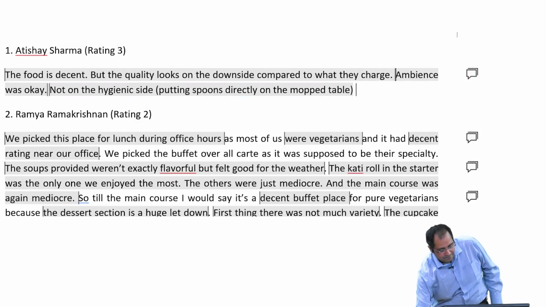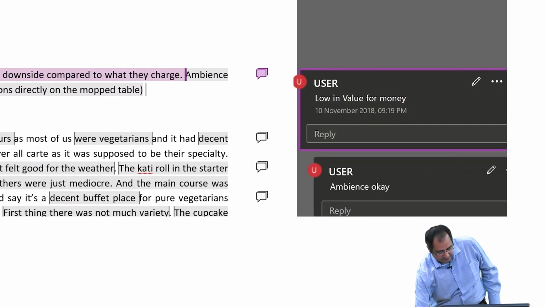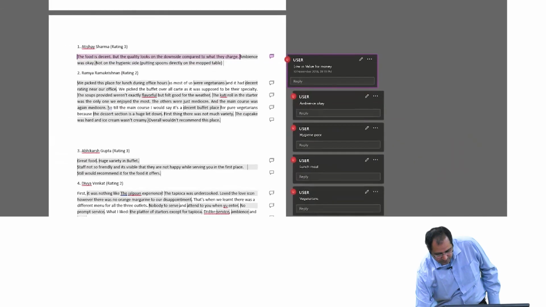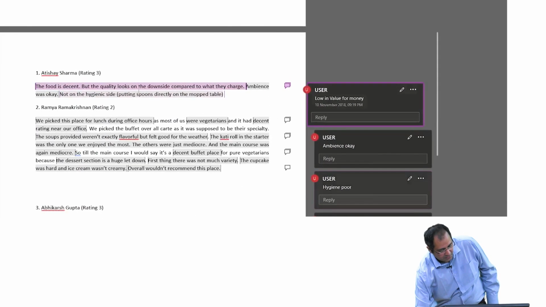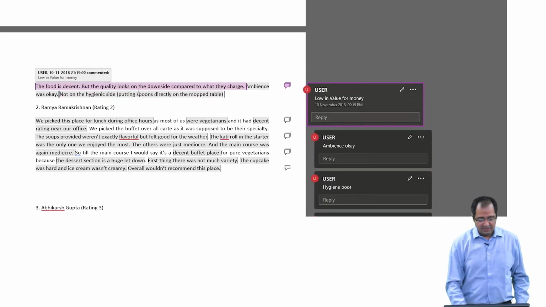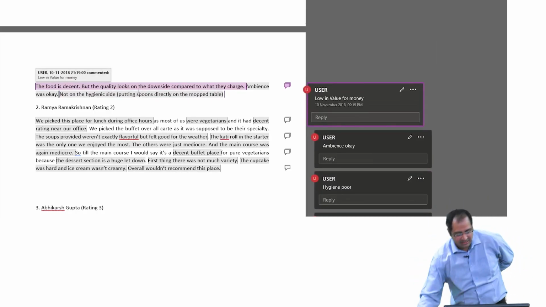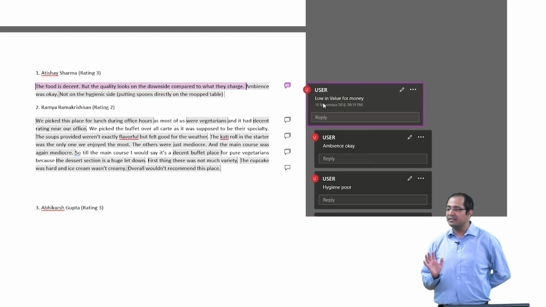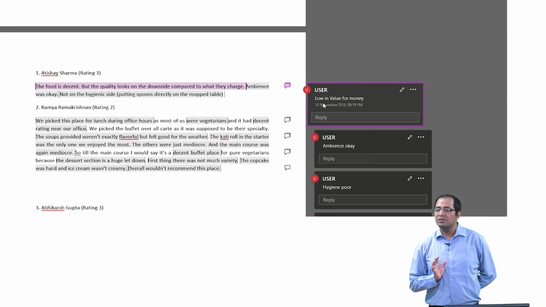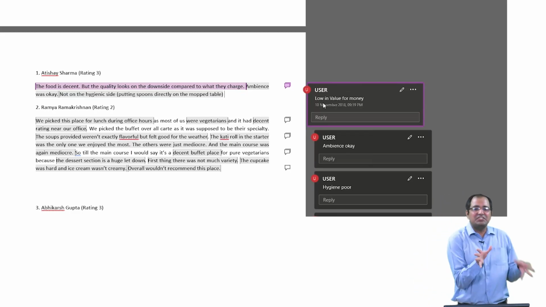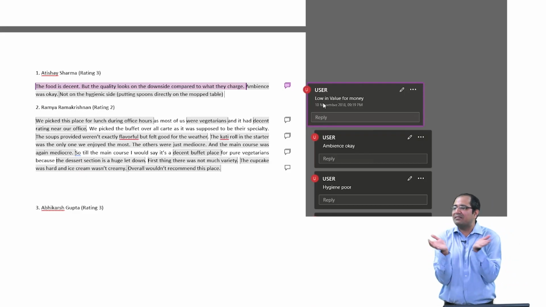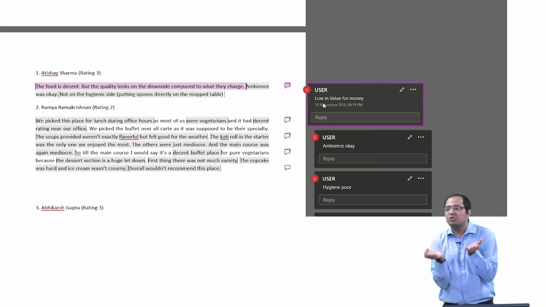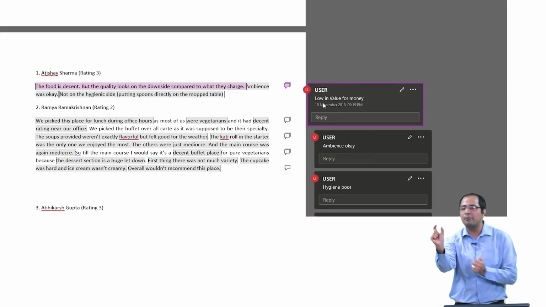For example, for the first user, what is written is the food is decent but the quality looks on the downside compared to what they charge. So I have written low in value for money. For these 2 sentences that were coupled together, more or less the same sentence, you have to write their brief meaning in the form of an open code.